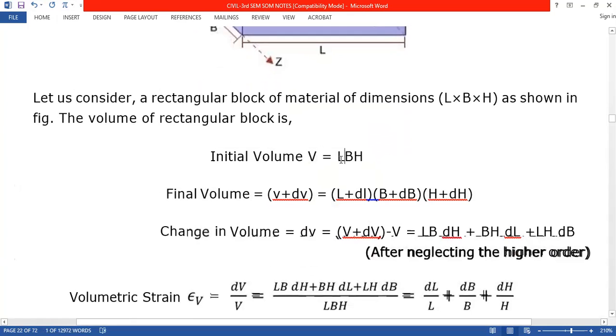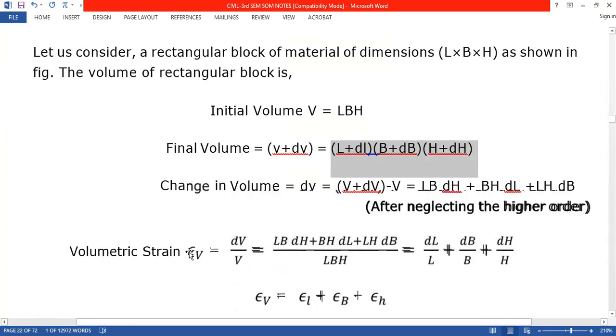Similarly, length changes to L plus delta L, breadth to B plus delta B, height to H plus delta H. Whenever we consider all three together, length, breadth, height, the volumetric strain is change in volume to the original volume.